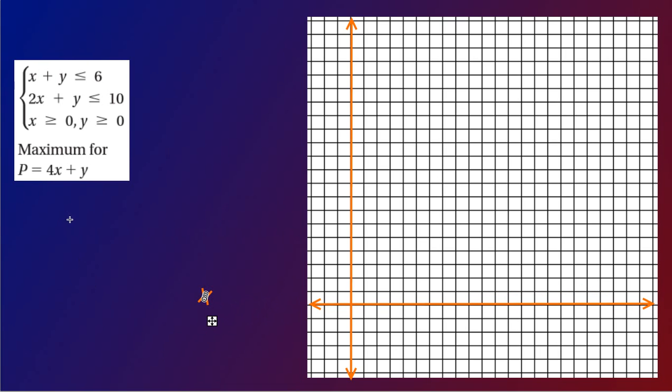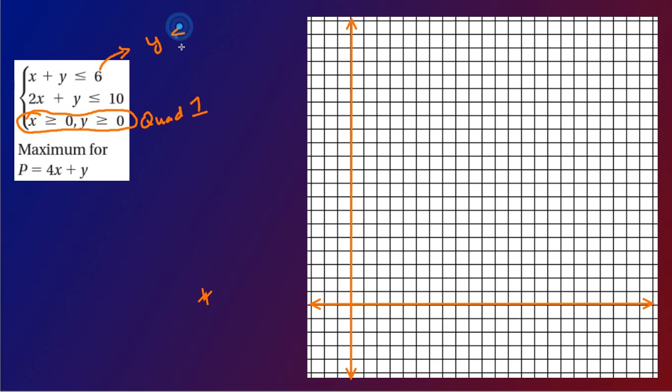So I won't even set that up. So I have in essence already dealt with these two equations. I know that I'm in quadrant 1. So I won't bother graphing them. I know I'm over here. So I'm going to worry about these two.